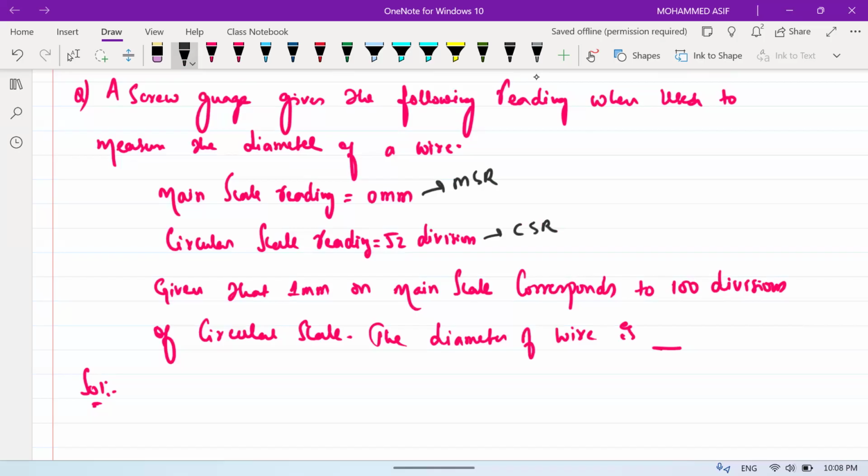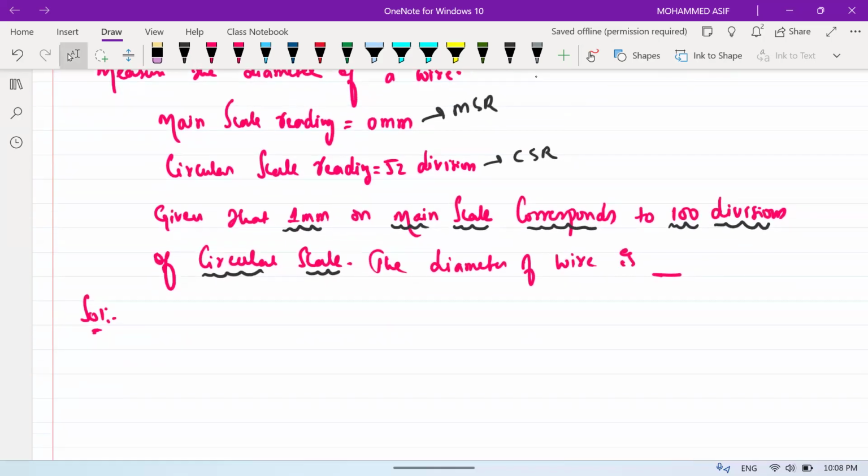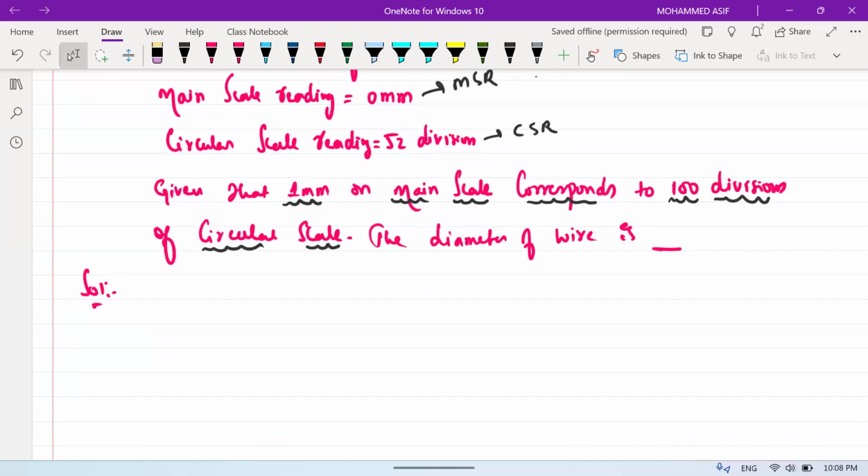It is given that 1 mm on your main scale corresponds to how many divisions? 100 divisions of your circular scale. That means if I rotate the circular scale by 100 divisions, the pitch will be equal to 1 mm. Am I clear? So indirectly, the pitch is equal to 1 mm.